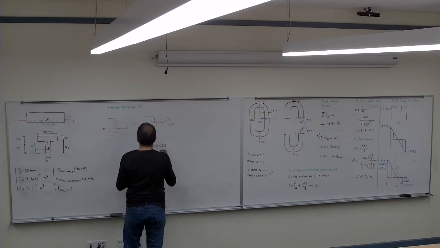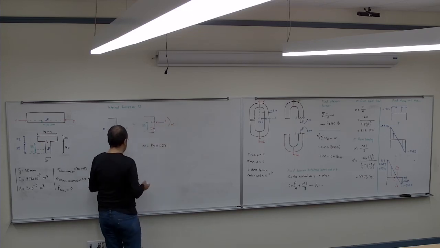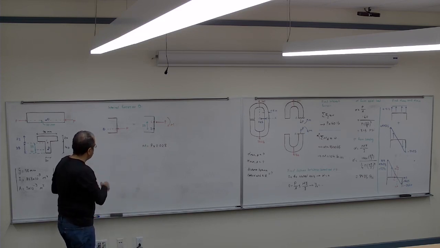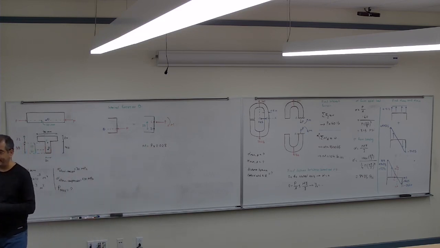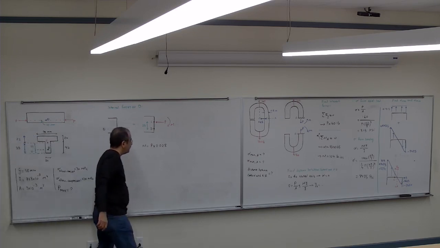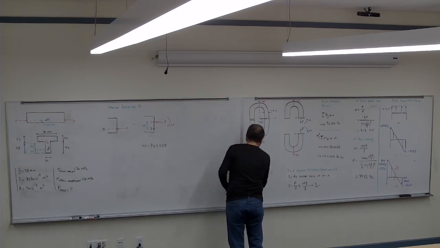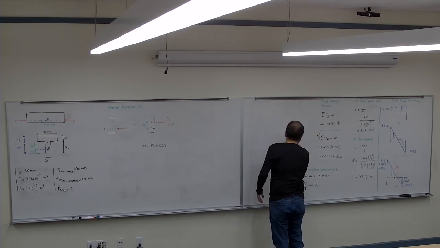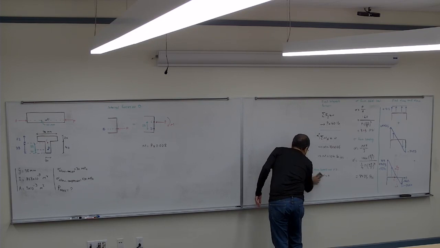So that's the moment I'm creating by moving that P. So I'm going to balance that moment by adding a moment in the opposite direction to counter that. So now I have the M and P, both of them as a function of P, on my cross section, correct? Now I can go ahead and start to calculate the effect of each of them separately.